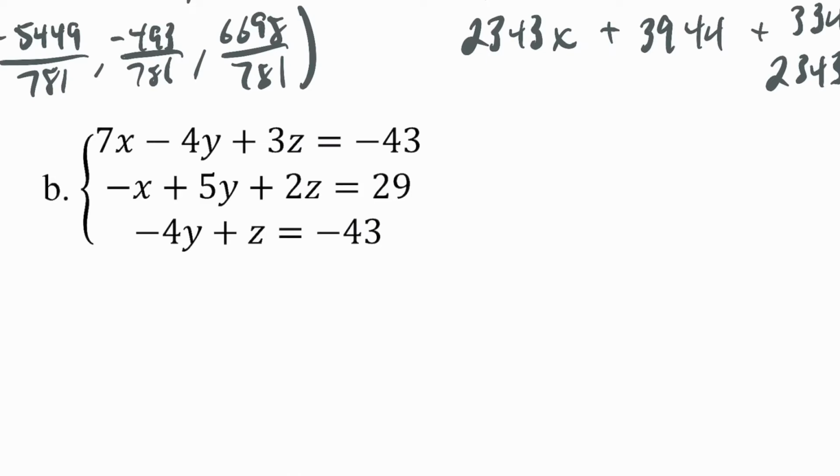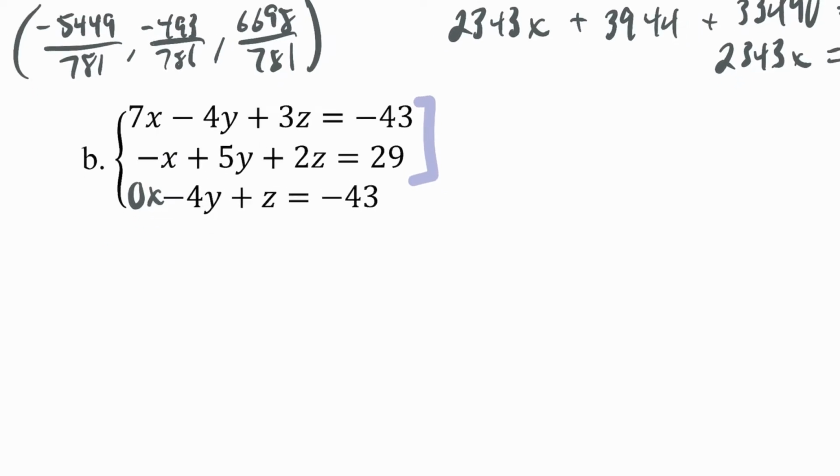Something to notice on this one. The last equation doesn't have x at all. It's kind of like we have a 0x. Okay, and that's going to happen sometimes. That's fine. It's not a problem. That's, in fact, a good thing. That makes things easier. Because what I can do is take these two equations and eliminate x. And then this one already had x eliminated, so it makes the problem a little bit easier.